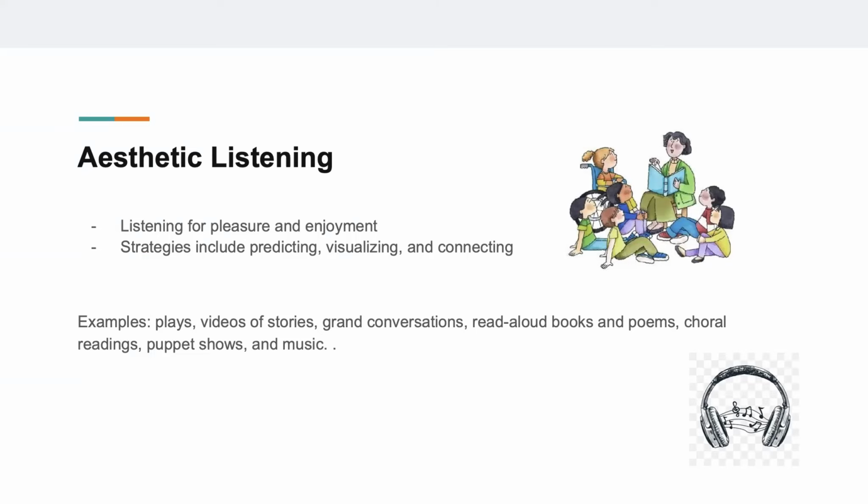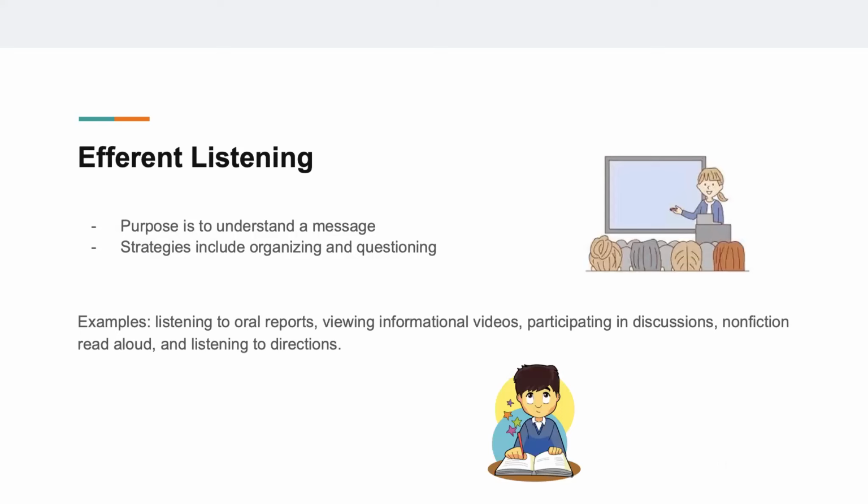So when we're listening to a song, a lot of times we'll be trying to connect to the lyrics, or listening to a story a teacher is saying and visualizing what's going on in that story, because we don't actually see it. So some other examples include plays, videos of stories, grand conversations, read aloud books and poems, choral readings, puppet shows, and music, like I said before.